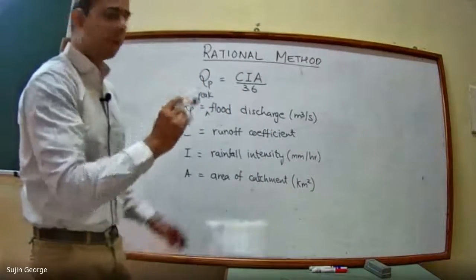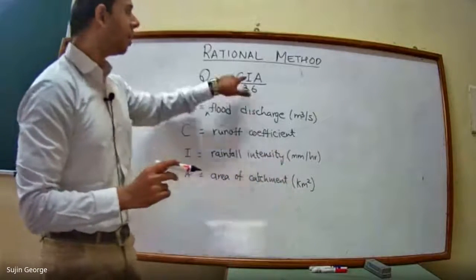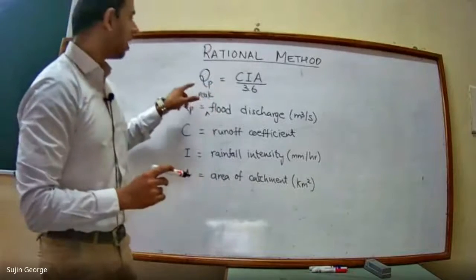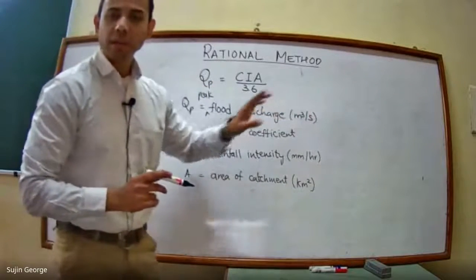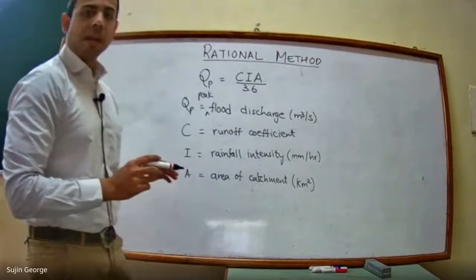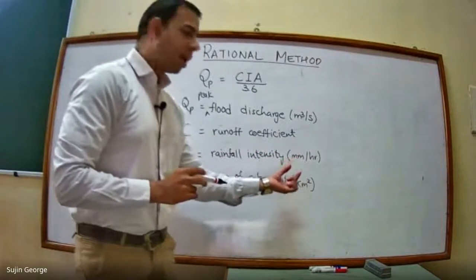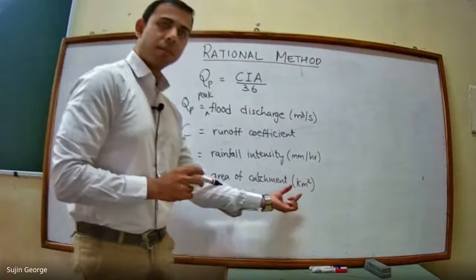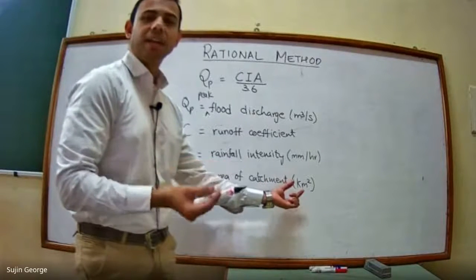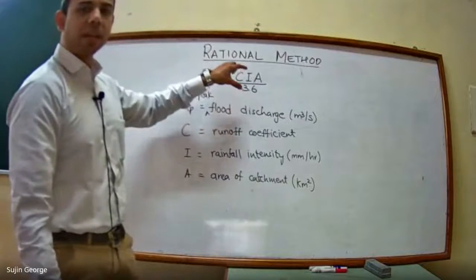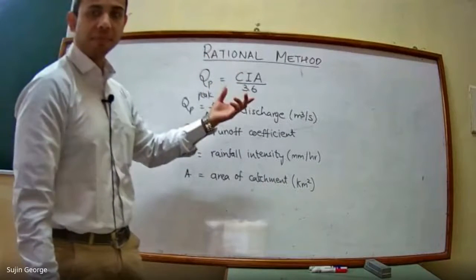If you take I in centimeter per hour and A in some other unit like hectare or meter square, then the value might be different.